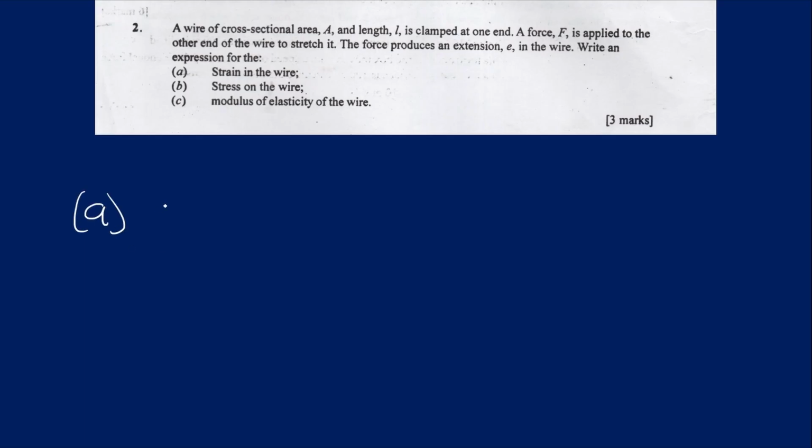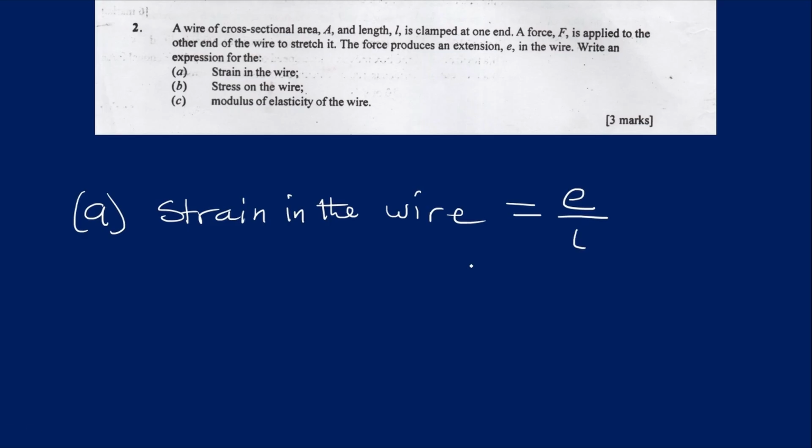Now the strain in any wire is the extension divided by the original length of the wire.